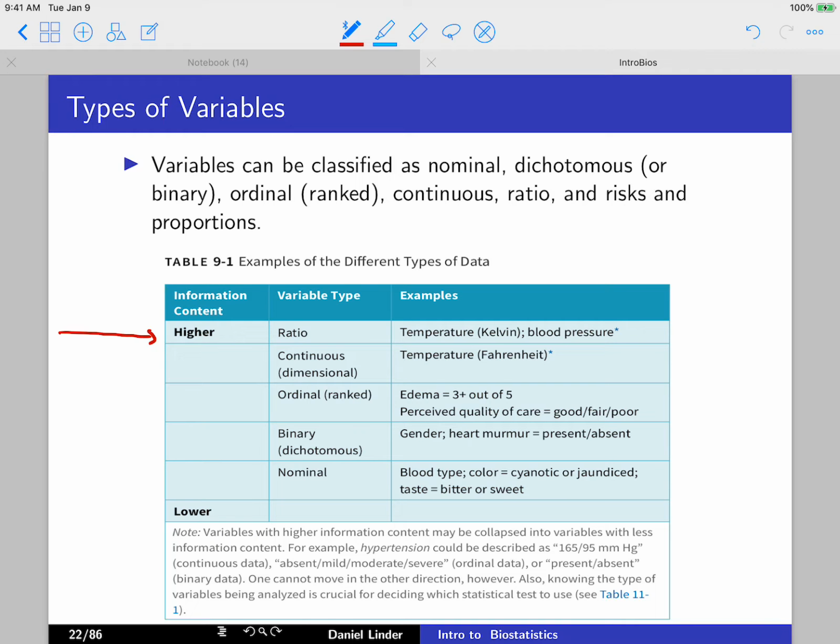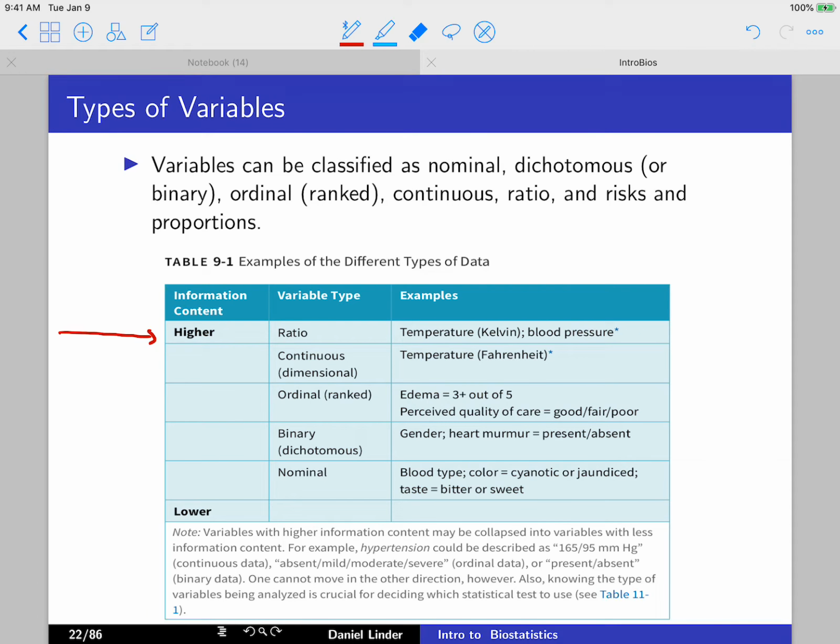So for the statistical methods that we're going to use, there won't be really a difference between how we analyze ratio and continuous variables, but there definitely will be differences in how we analyze ratio and continuous variables from the types of variables that you see below.